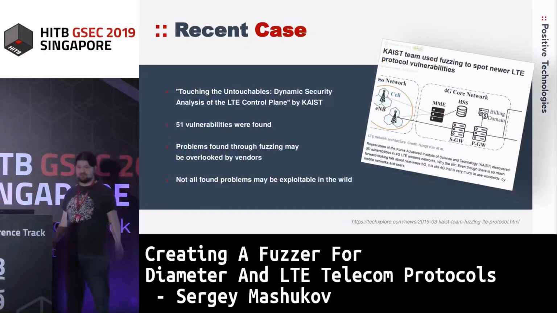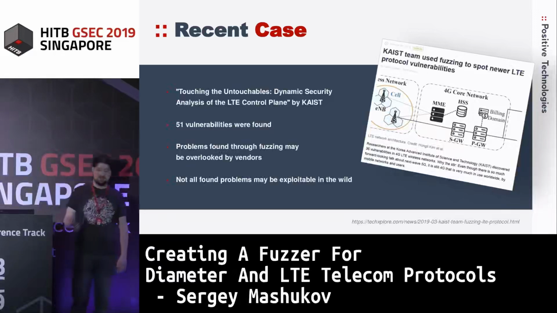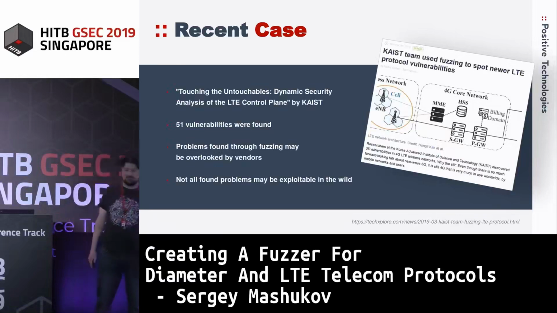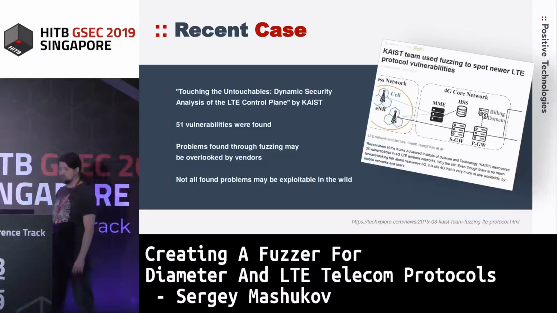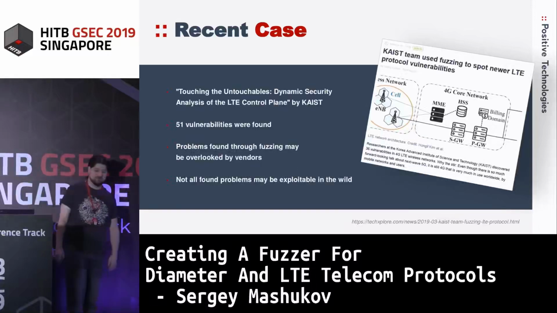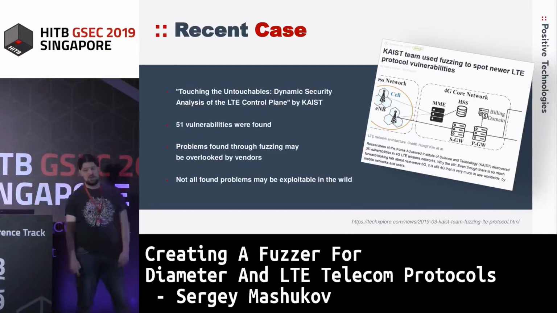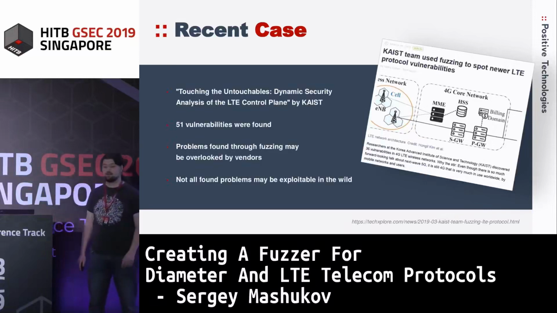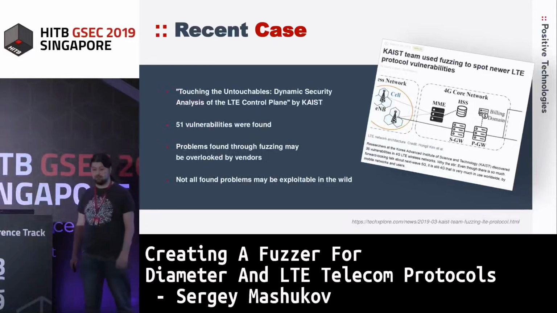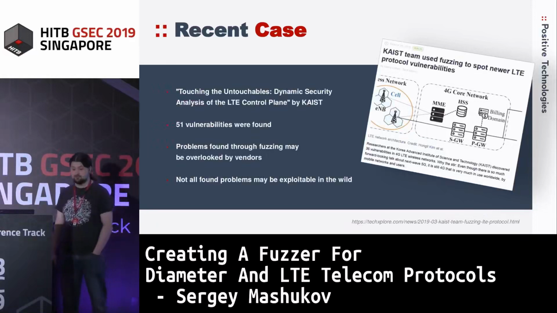So, fuzzing and found problems. There is a recent case where guys tried to do fuzzing from the base station side. There's no Diameter here, so that's not what's interesting for me, but this shows that there are plenty of fish in the sea. You can find a lot of fish. Again, guys from the Korea Advanced Institute of Science and Technology created their own fuzzer for that.